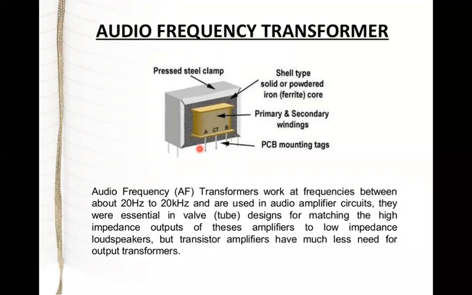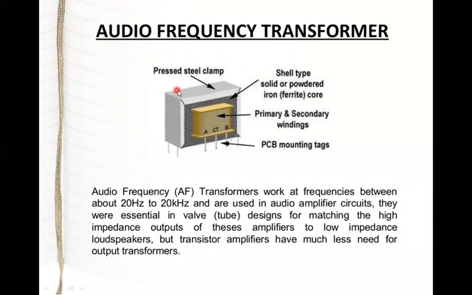They were essentially involved in matching the high impedance outputs of these amplifiers to low impedance loudspeakers, but transistor amplifiers have much less need for output transformers. So these are called AF transformers, audio frequency transformers, with a frequency range between 20 hertz and 20 kilohertz.